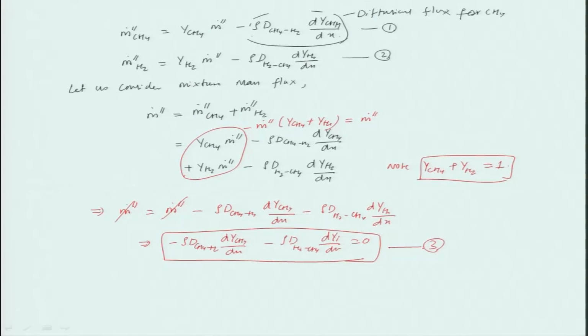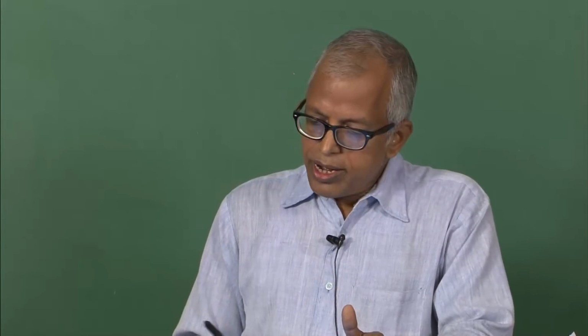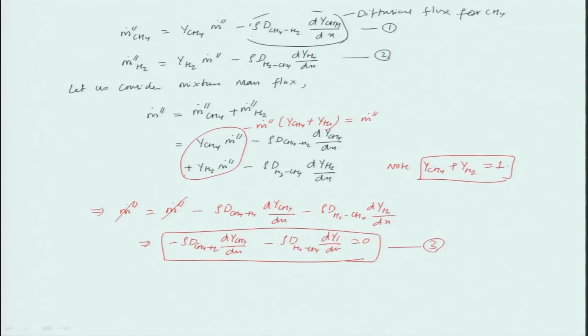You can also derive this for N species. This is basically the mass flux due to diffusion. So, for N species, the summation of m dot i due to diffusion, with i from 1 to N, is equal to 0.